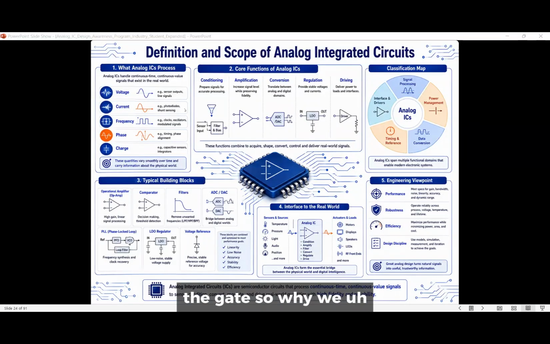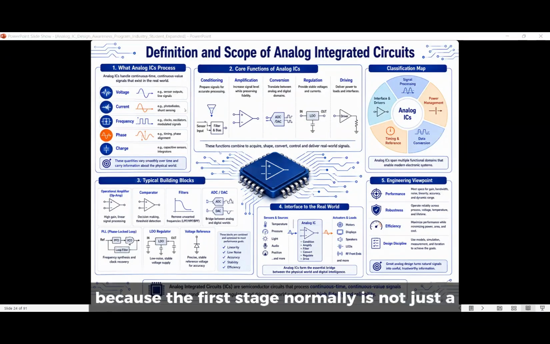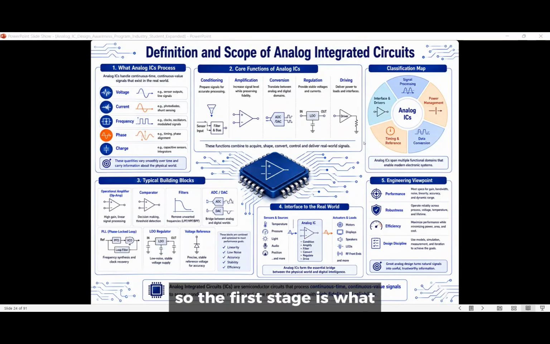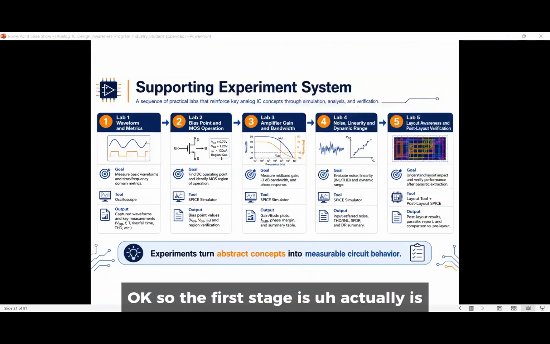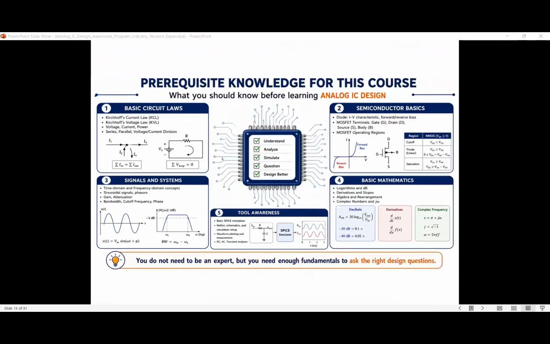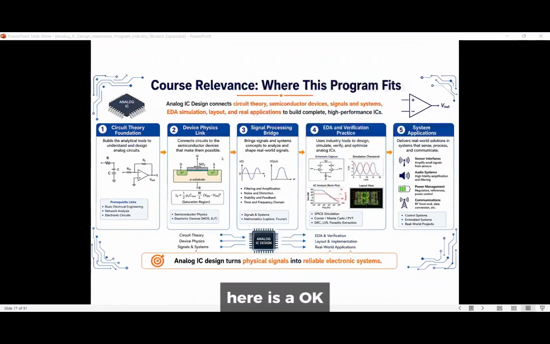So why do we talk about current? Because the first stage is normally not just an amplifier. So what is the first stage?